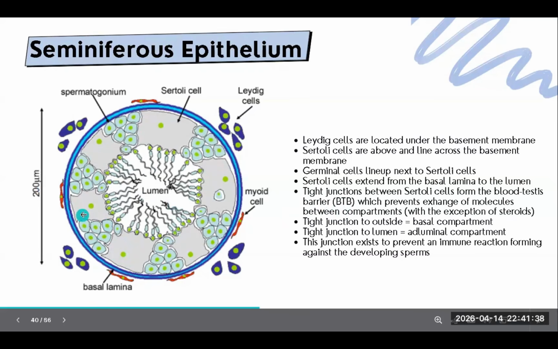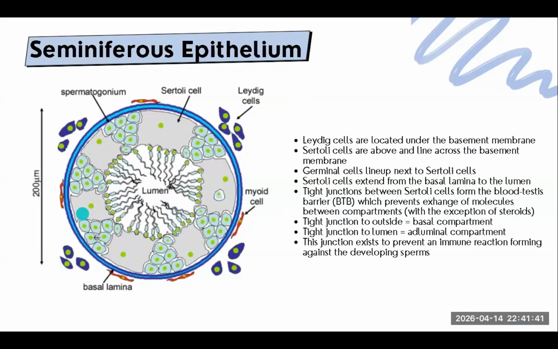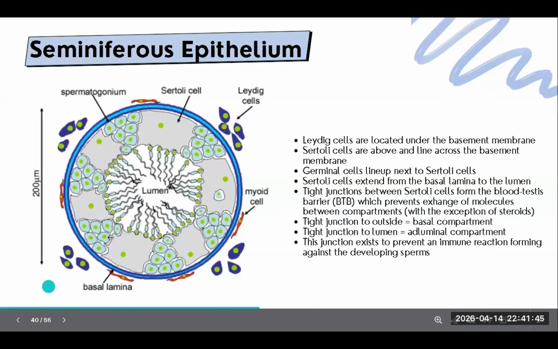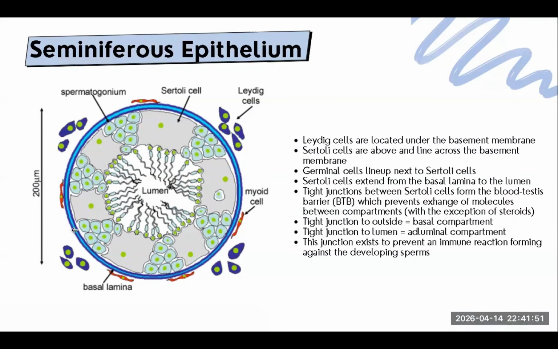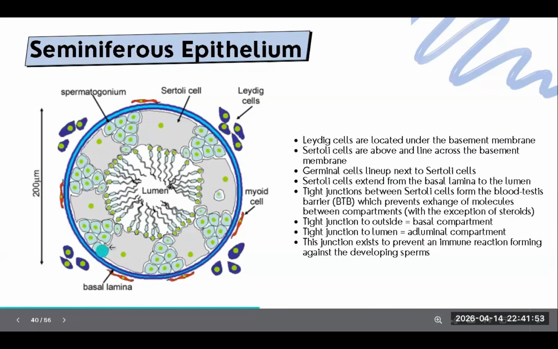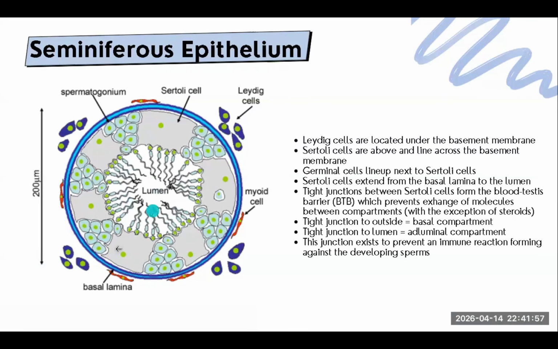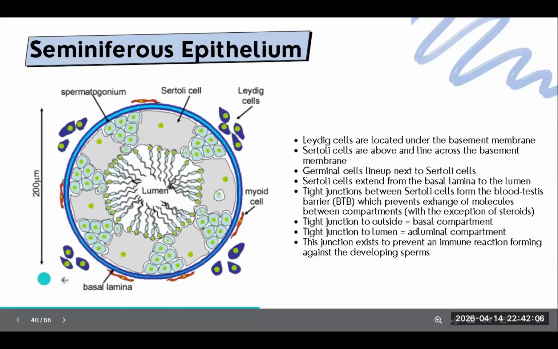Now, if we said that the tight junction was over here exactly, anything from this tight junction to the outside, look at my pointer, is known as the basal compartment. Okay? Basal compartment. Anything from this tight junction to the inside is known as the adluminal compartment. Remember it, tight junction to the lumen, adluminal. Tight junction outside, basal. All right?